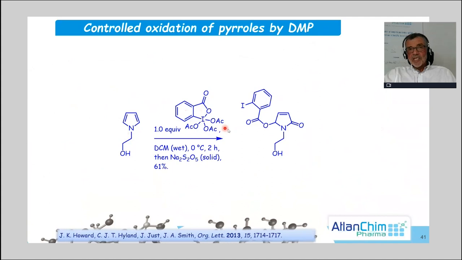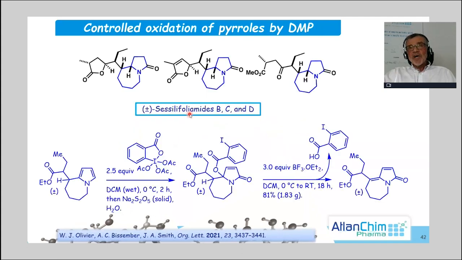And interestingly, a 5-substituted gamma-lactam with the alcohol functionality still intact was a major product when one equivalent of Dess-Martin's reagent was used.